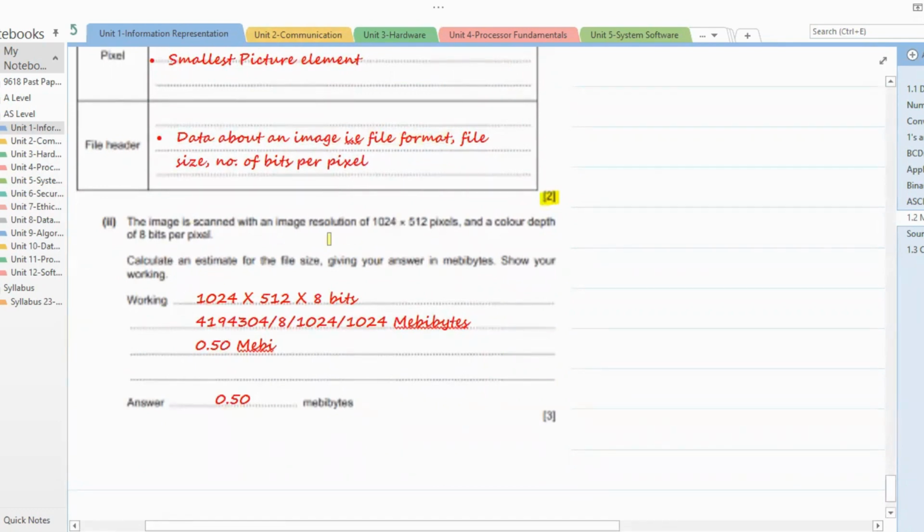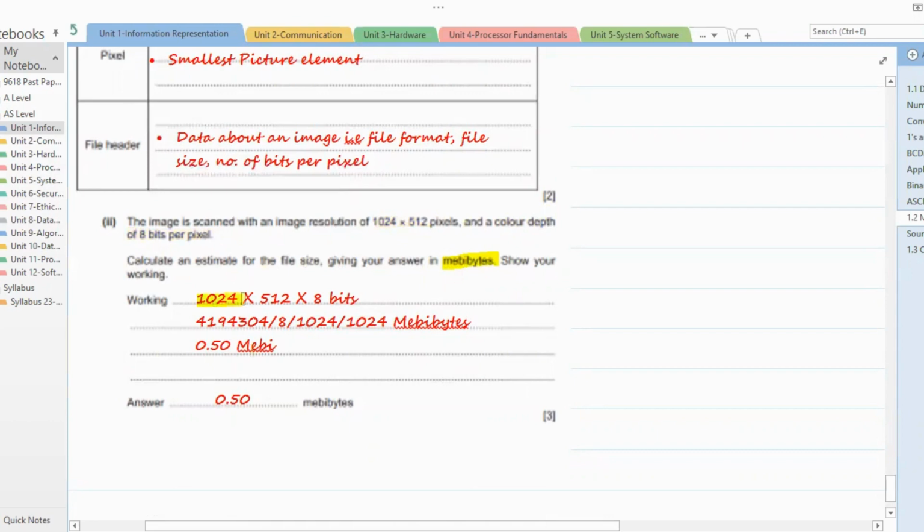Now, again, one more question about image resolution. So 1024 into 512 pixels and color depth is also given. You're not given colors, you're given color depth. So this multiplied by color depth, and you have to figure out the answer in megabytes.